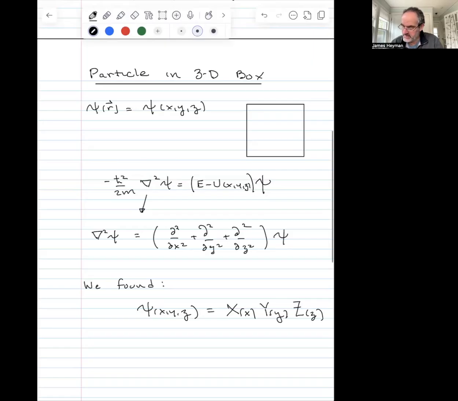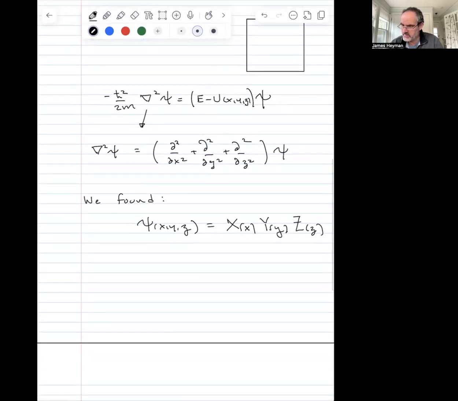And by substituting this back into Schrodinger's equation and turning the crank, we found our results. All right? First, we found an expression for the wave function, which I'm going to write out here.